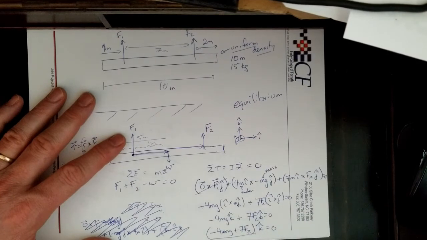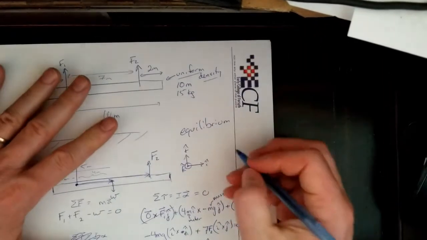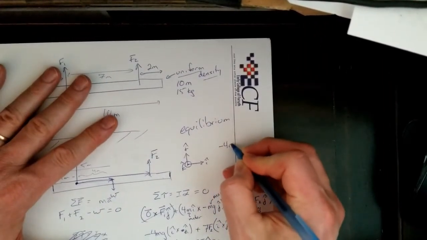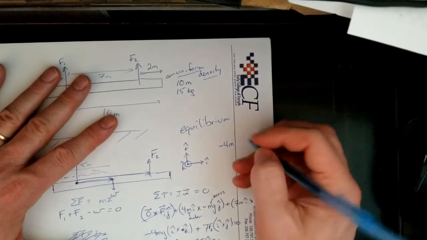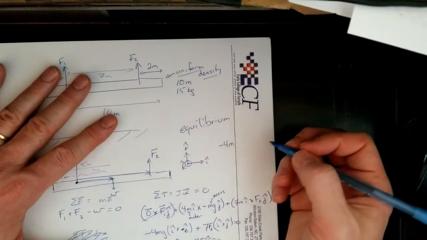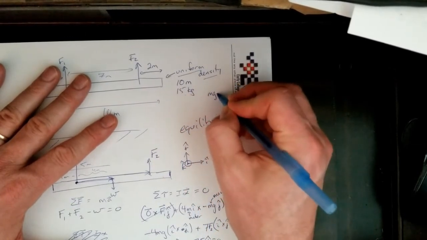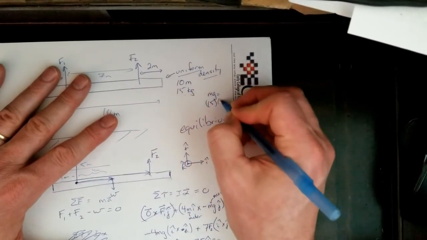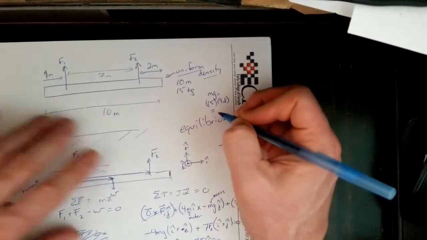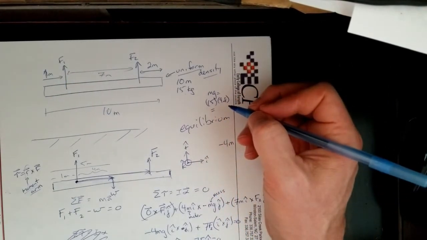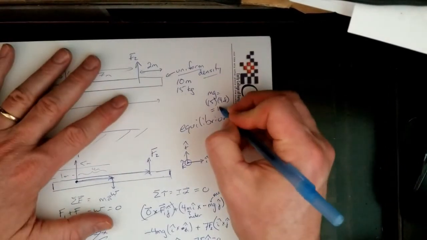In other words, this has to equal 0. So mathematically, I have negative 4m, and I know what the mass is, and I know what g is. Let's assume it takes place on Earth. There's my mass. mg is 15 times 9.8, which is 147.